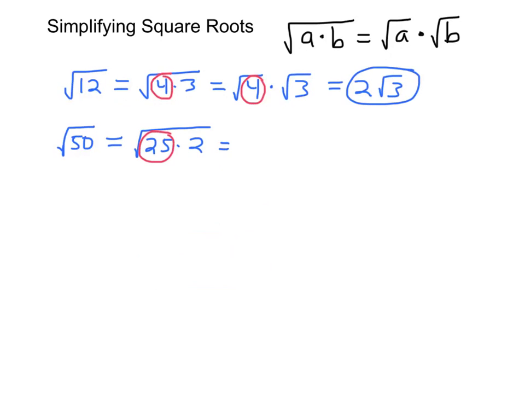So if we break that up into the square root of 25 times the square root of 2, remember 25 is a perfect square, so when we take the square root of 25, we just get a whole number, 5. So that's 5 times the square root of 2. Now if there's no perfect square that divides into the original number, then it can't be simplified, and we'll just leave it like it is.